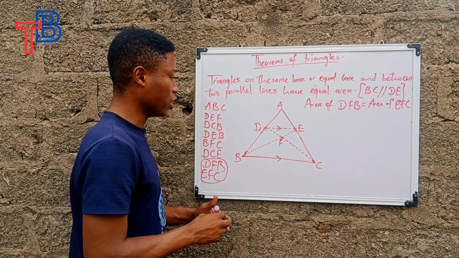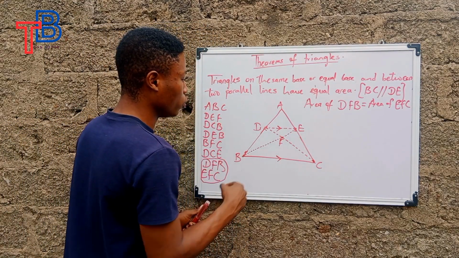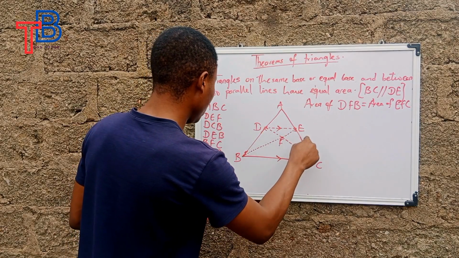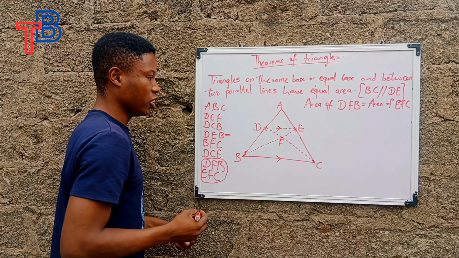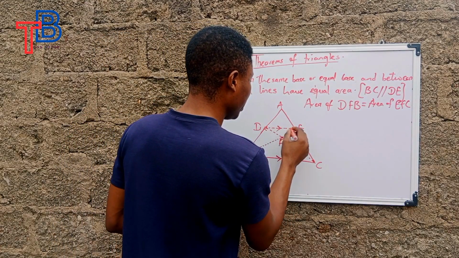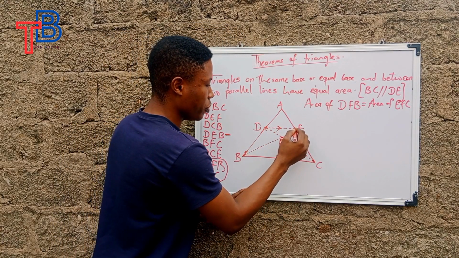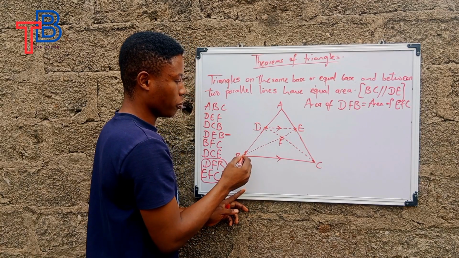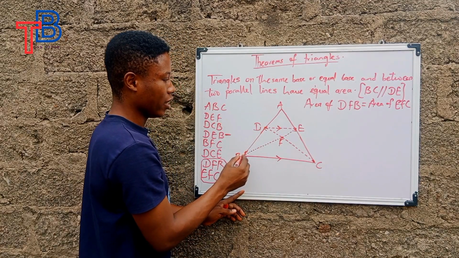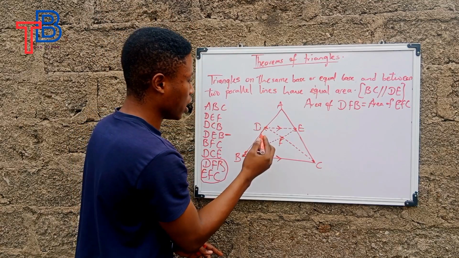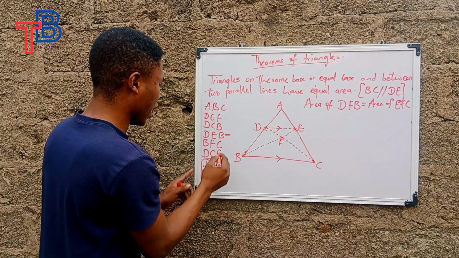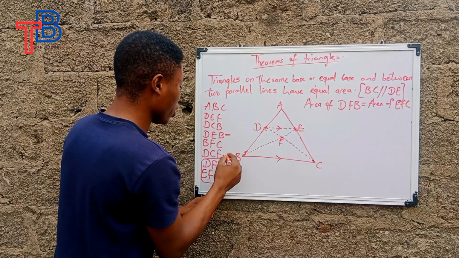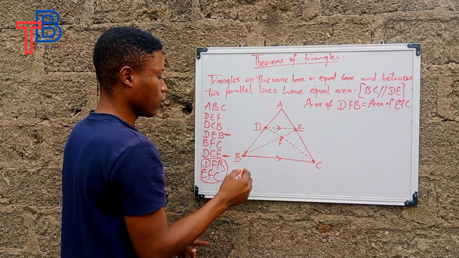Let's go on. Let's find another one. We have triangle DEB. Do I have DEB? Yes, I have DEB here. The DEB has this base and touches this point here and also has this line here. We can say it is equal to triangle DCE. Okay, I have DCE here. This triangle here is equal to the triangle here.